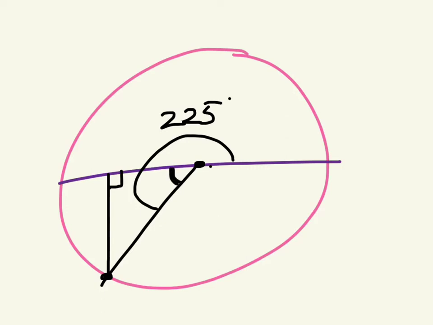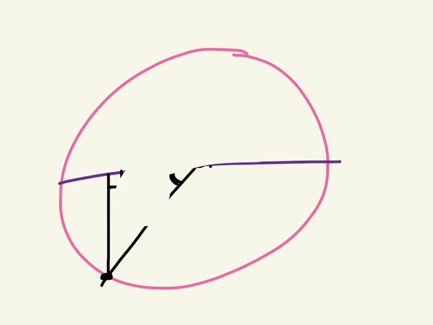Well, this bit is 180, right? It's a straight line. So what bit left over fills it up to 225. So it's 225 minus 180. And 225 minus 180 is 45, I believe. I've erased too much.